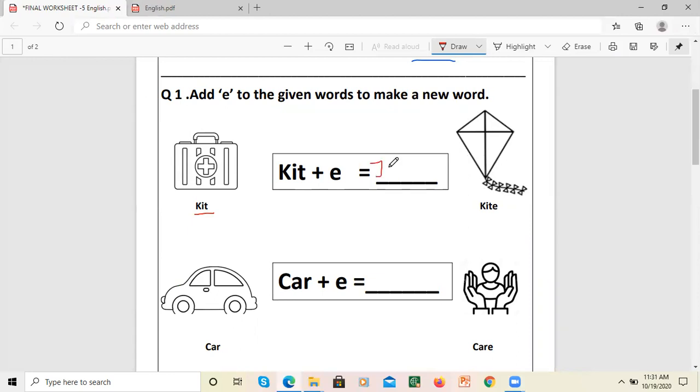So this is what you're expected to write here. KIT, which is kit, plus E becomes the word kite. KITE. What is the word? Kite. Can you see? Yes.